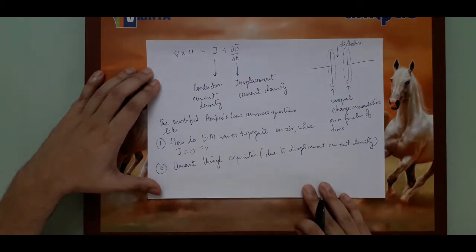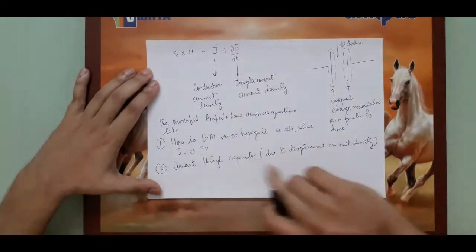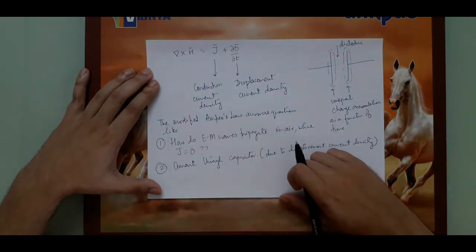So this was one of the most important contributions by James Clerk Maxwell. He not only correlated the electric and magnetic field quantities by some equations, he also made a modification in Ampere's law which accounted for a very important anomaly.